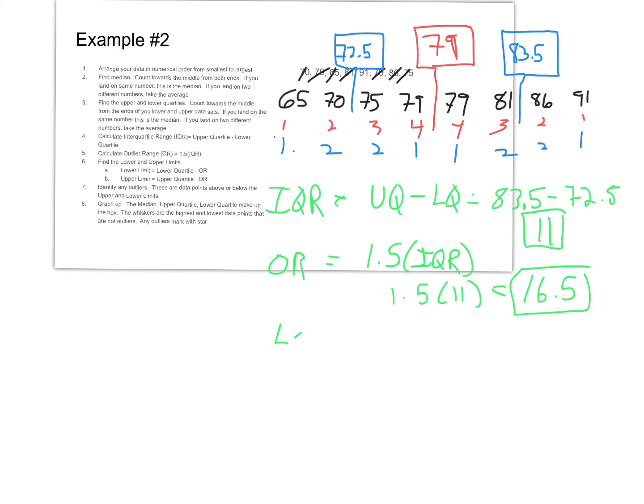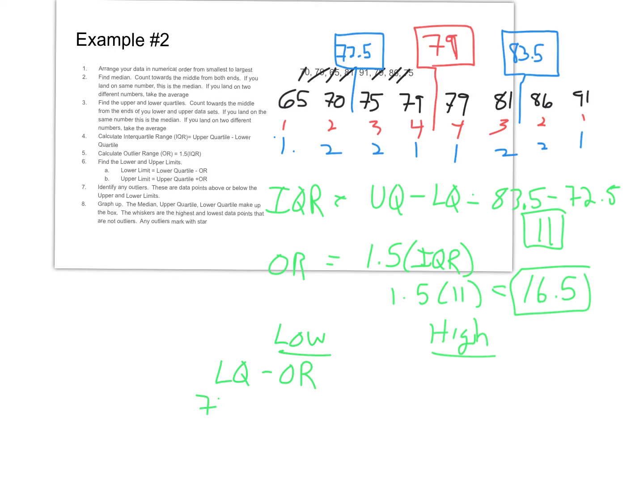All right, now for our low and our high limits. Low limit: lower quartile minus the outlier range. And again, this is going to tell us where our lower outliers begin.